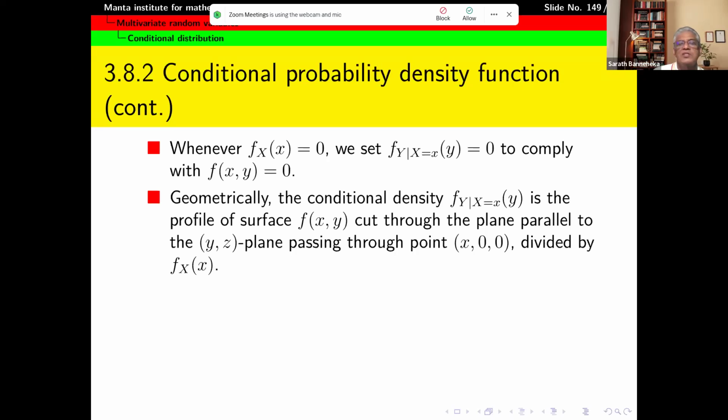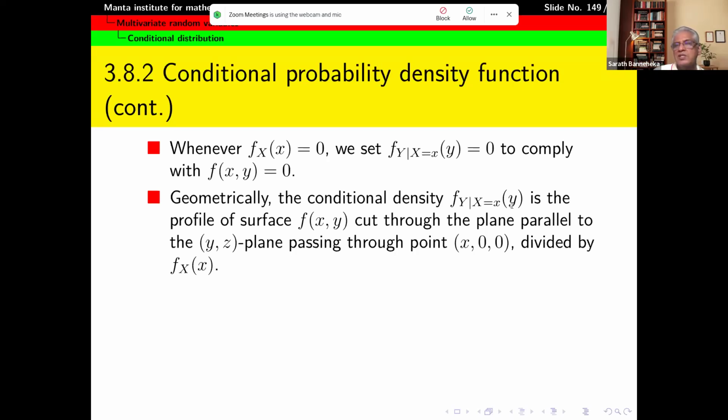What we are saying is that the conditional density function f_{Y|X}(y|x) is what you will get if you cut the joint density surface through a vertical plane at x equal to some x. If you look from the side, you will see a curve, and if you integrate that curve, you will get the area under the curve. But that area is not going to be equal to 1.